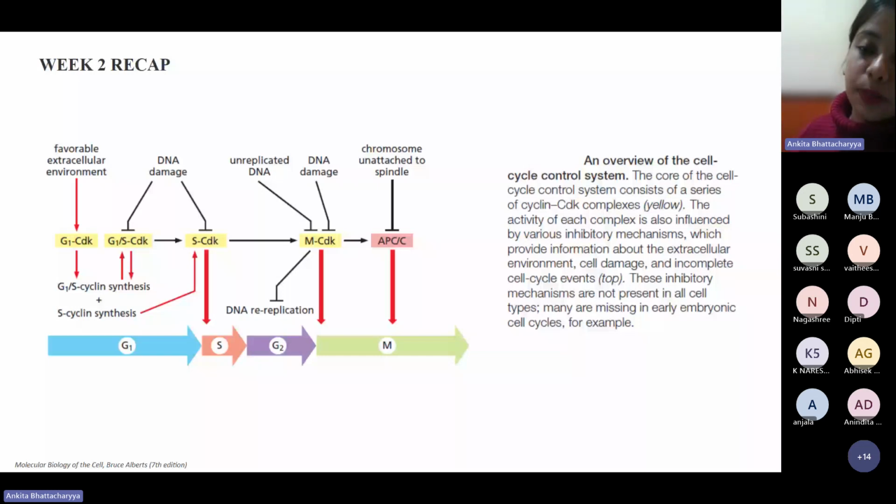One example of this is p53, which, if you have come across it before, is often understood to be the guardian of the genome. Why is it said so? Because it has a very important role in making sure that a cell is undergoing division only when its genome is perfectly healthy.